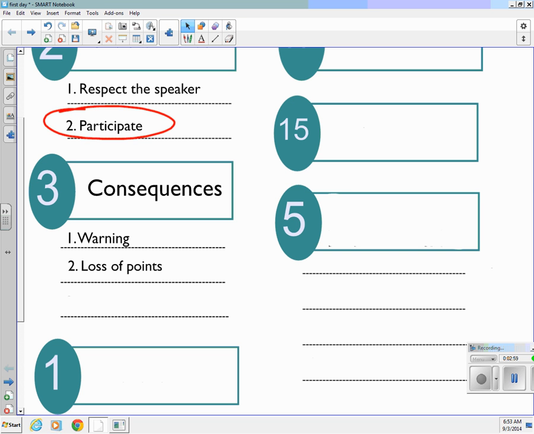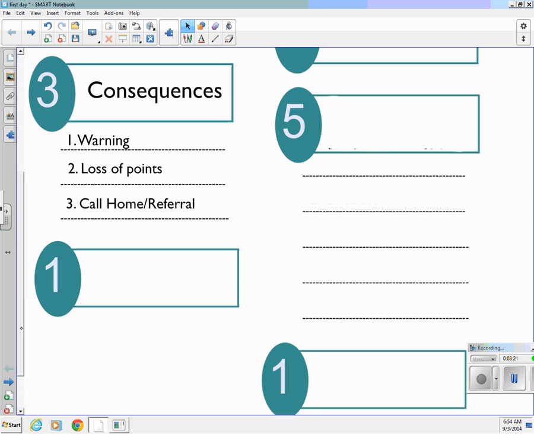If you're constantly engaging in poor behavior, you're going to lose points. Now, if those things are ineffective, of course, we have calling home or a disciplinary referral. I think I wrote two or three disciplinary referrals last year, and I hope the number this year is zero, quite frankly.